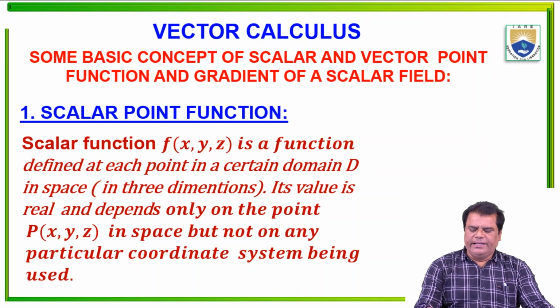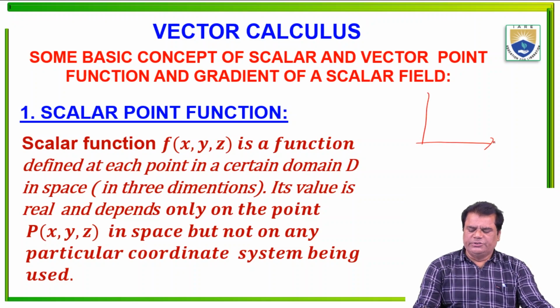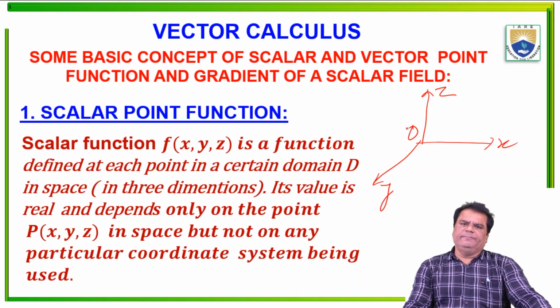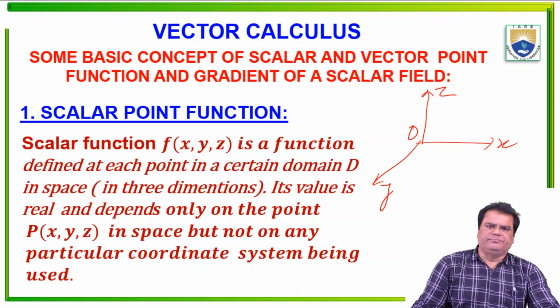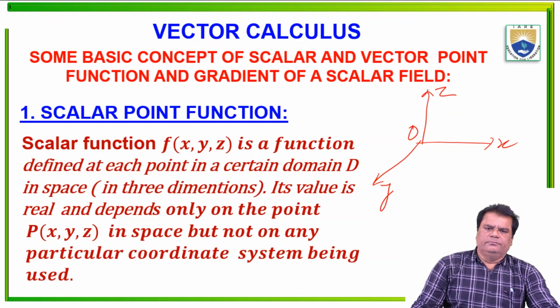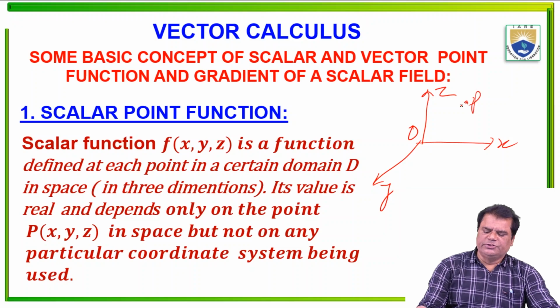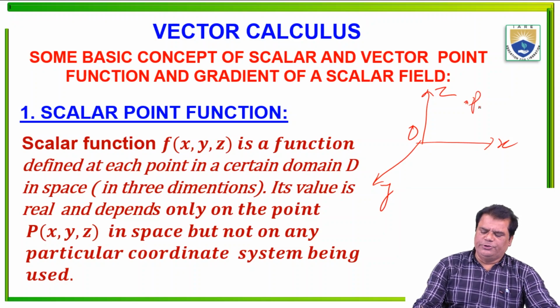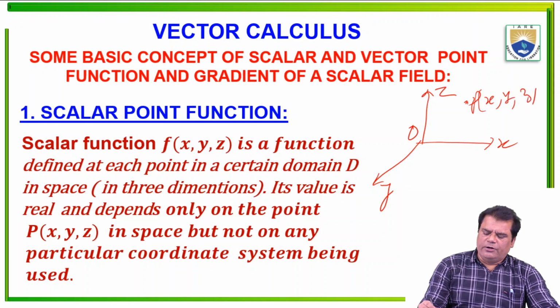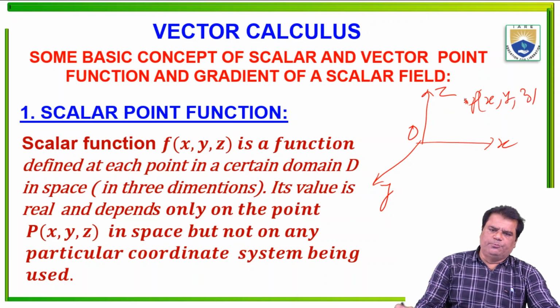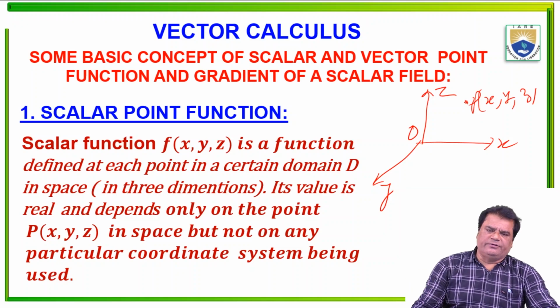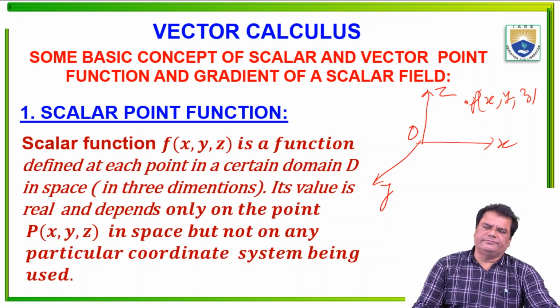Suppose in a coordinate system, this is x, this is z and this is y. This is the three-dimensional coordinate system, and this is the point P in this system. The position of the point is x, y, z. So this is the position of the point. What is the function at this point?